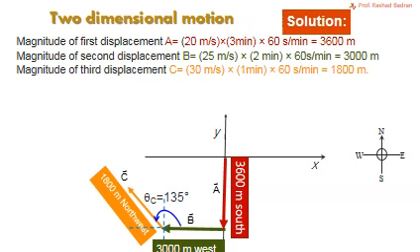The second displacement, also the product of the speed, 25 meters per second by 2 minutes, gives 3,000 meters. And the last displacement is 30 meters per second by 1 minute, and we get 1,800 meters. It's obvious that we convert the minutes to seconds in order to get this final answer.